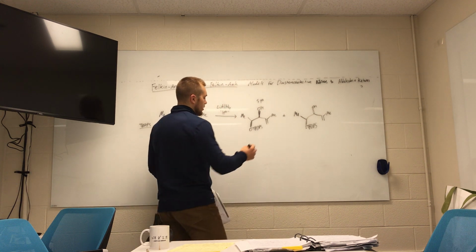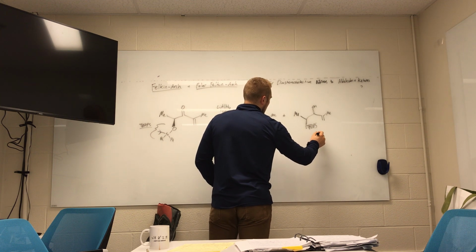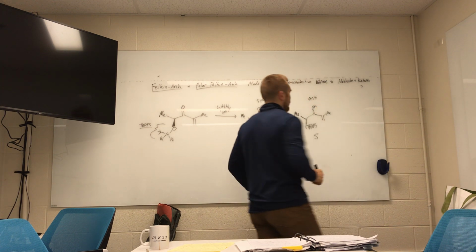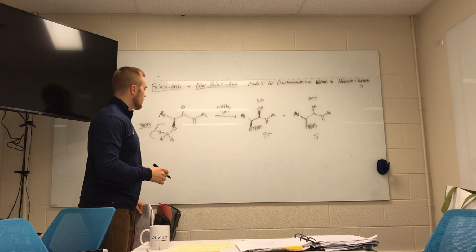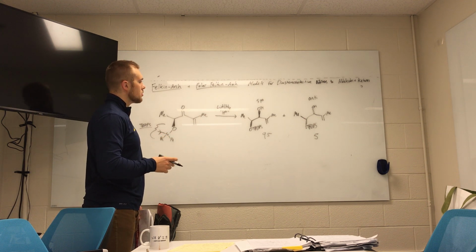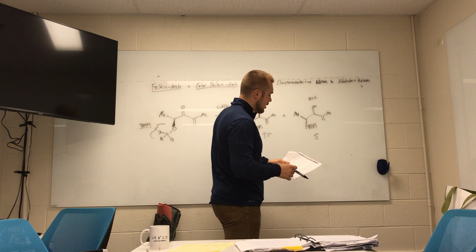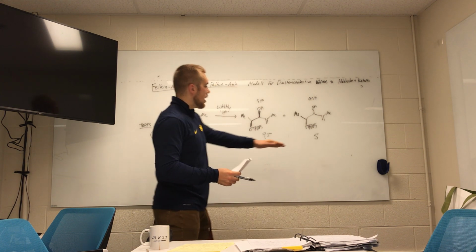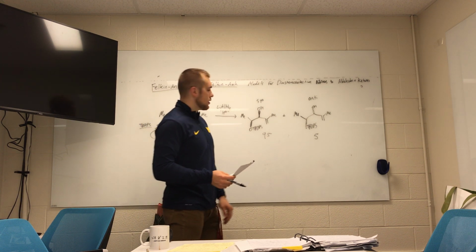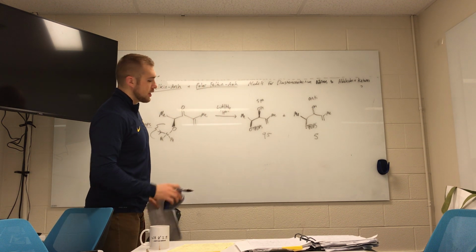We're going to see that we get a 95 to 5 syn versus anti ratio. So maybe as an exercise, you could determine that the anti product is actually arising through the Felkin-Anh model. And so we can see that this product is going against the Felkin-Anh predicted model.